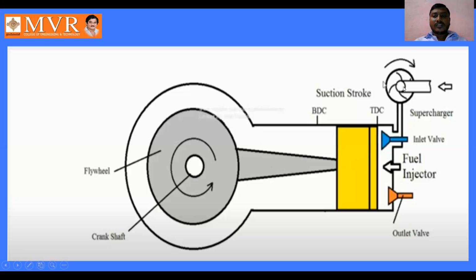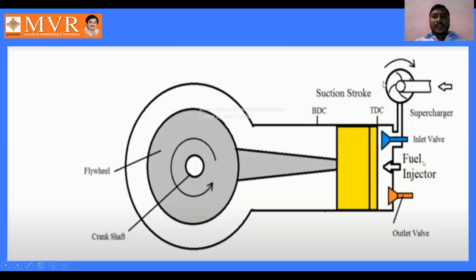The supercharger forces in more air than what would be sucked in naturally, hence we increase the output and efficiency of the engine. If we would normally suck 100 ml of air into the cylinder, and the supercharger forces in more air, the work output is increased.